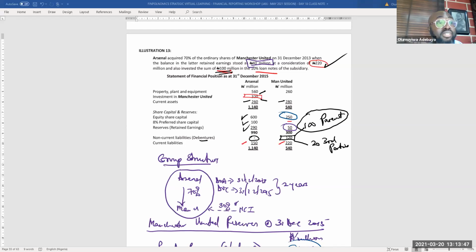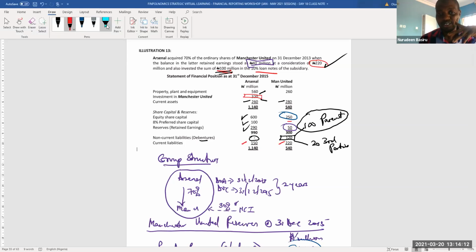You guys did yours now. I said you got balance in my own. It's still the debentures that were recognized in investments and loan, but we've not done anything with respect to debentures. We've not eliminated it in investments and the subsidiaries.